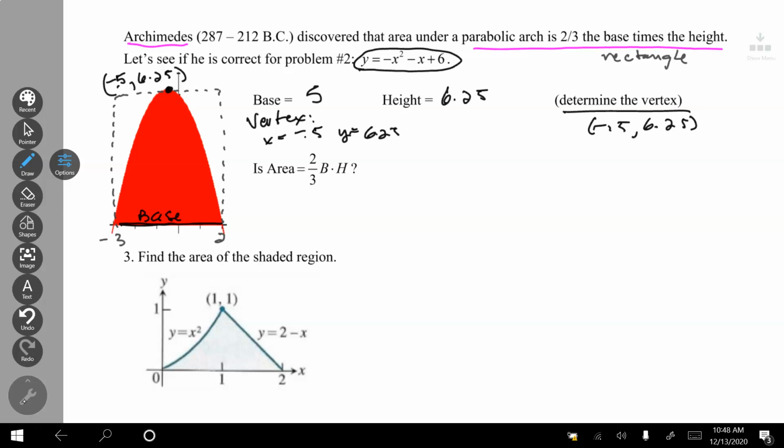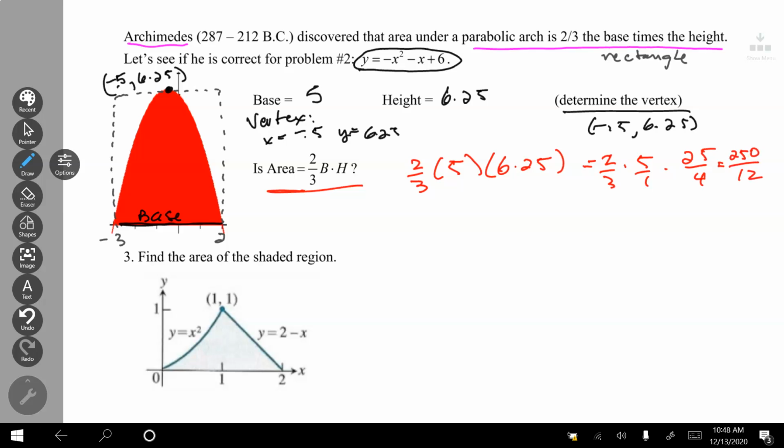Now if I want to figure out the area, well, is this area in red 2/3 base times height? Well, let's see, what's 2/3 times 5 times 6.25? And let's see, 2/3 times 5 over 1 times 25 over 4, and I multiply this out, I get 250 over 12.